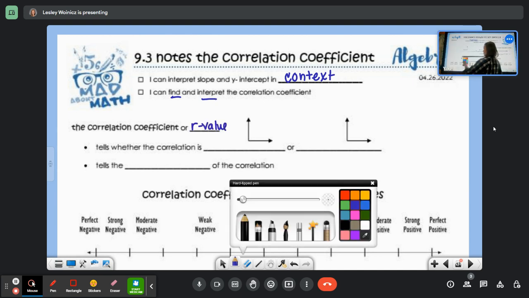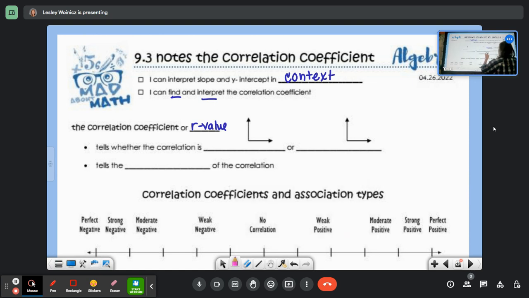One of its jobs is to tell us whether our correlation is positive or negative. If it's positive, we'll have some upward trend like this in our data. And if the R value is negative, we would expect some kind of downward trend in the data.